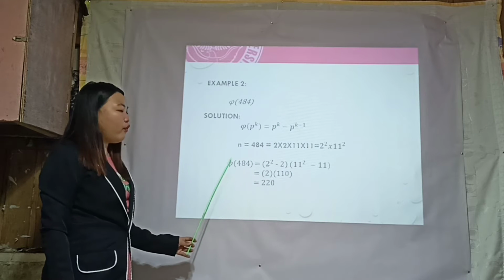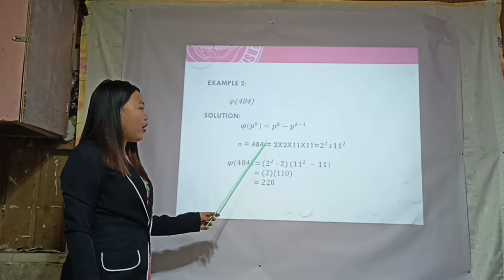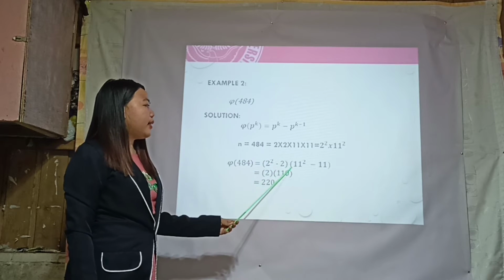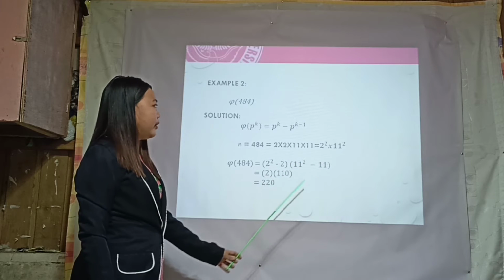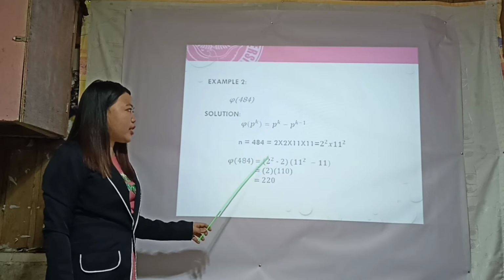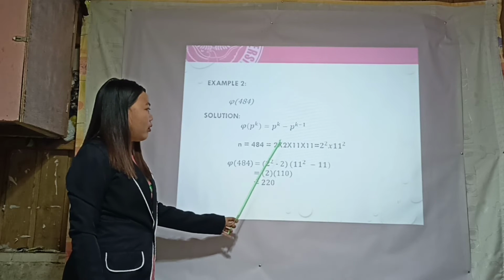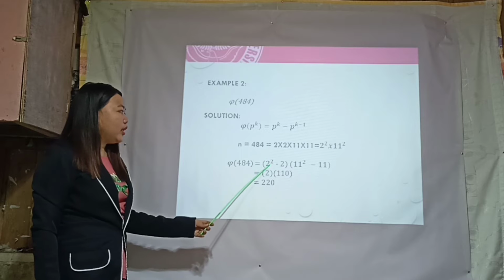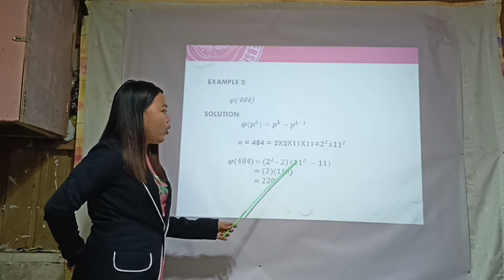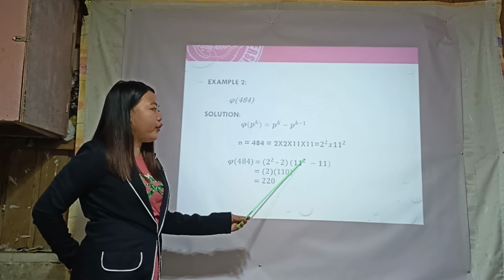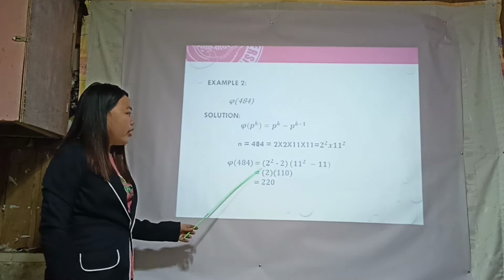So phi of 484 is equal to 2 raised to the power of 2 minus 2, times 11 raised to the power of 2 minus 11. Same process, p raised to the power of k is 2 squared, minus p raised to the power of k minus 1, which is 2 to the power of 2 minus 1, is equal to 2, and also 11 raised to the power of 2 minus 1 is equal to 11.